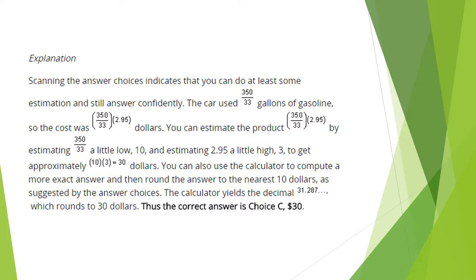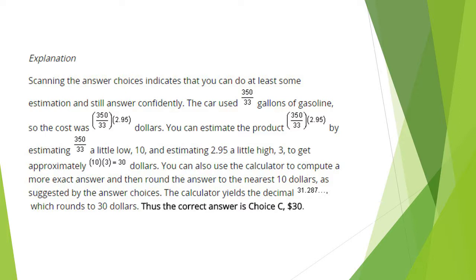Scanning the answer choices indicates that you can do at least some estimation and still answer confidently. The car used 350 over 33 gallons of gasoline, so the cost was 350 over 33 times $2.95.